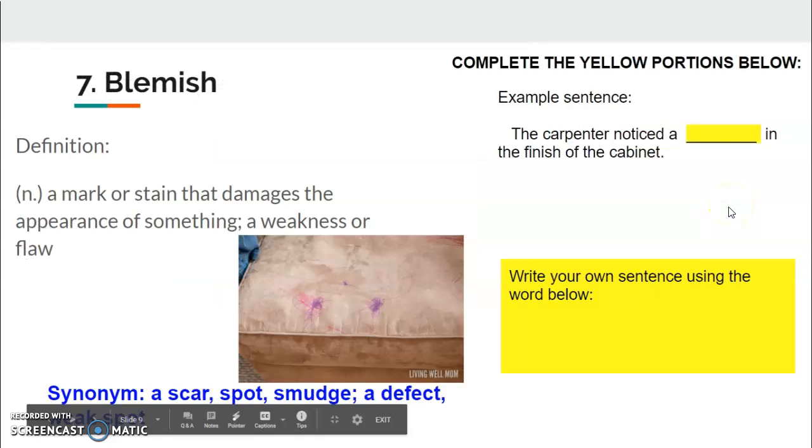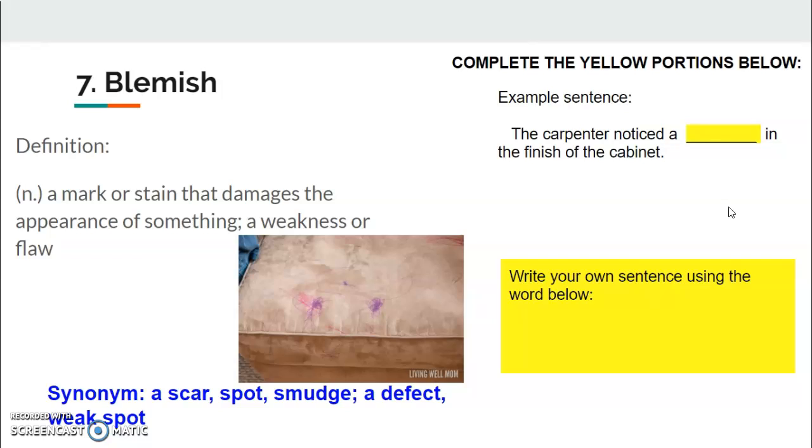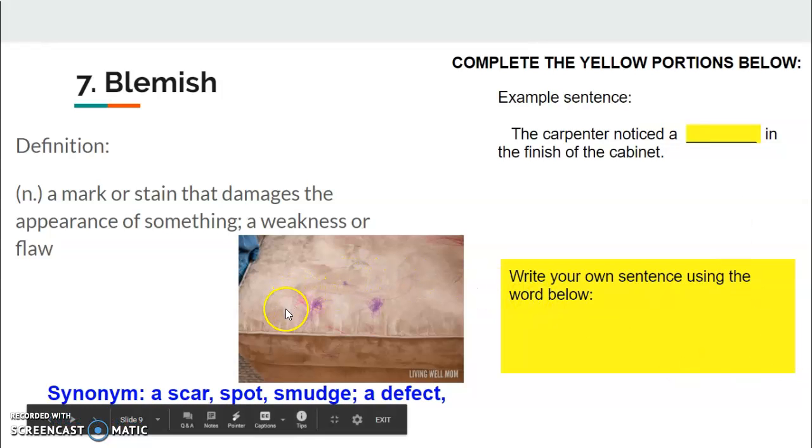Number 7, blemish. This is a noun. A blemish is a mark or stain that damages the appearance of something, or it's a weakness or flaw. So it's not always a physical thing. Your personality could have a blemish. Maybe you were really moody. If we look at this picture, there's a big blemish on this couch, unfortunately.